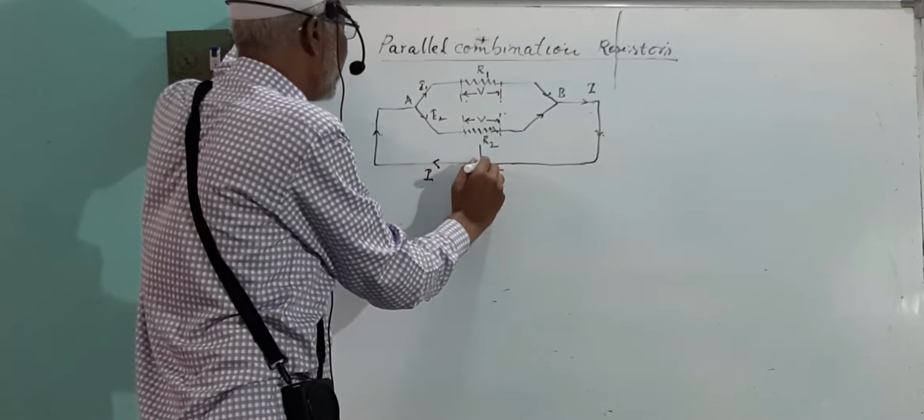This I ampere of current, on arriving at junction A, splits or divides into two branches.